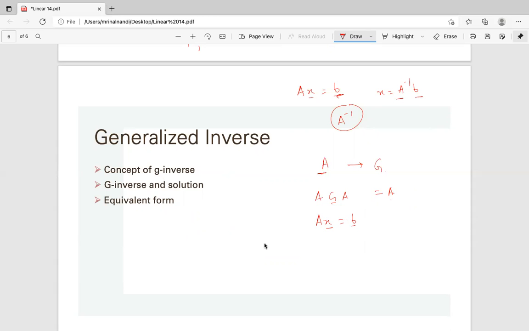And if G inverse exists and is unique, then A must be non-singular, because the converse is also true.